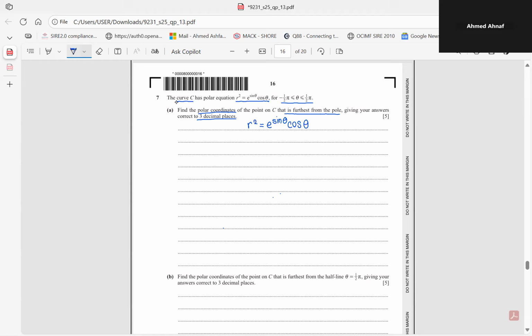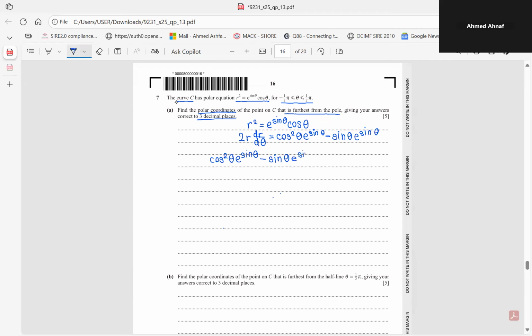Okay, so now we're going to equate dr d theta to 0, and we would get cosine squared theta times e to the power of sine theta minus sine theta e to the power of sine theta equals 0.